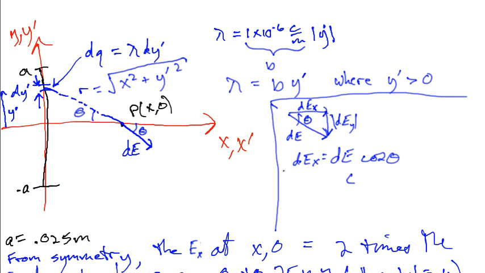But from this triangle over here, cosine of theta is equal to, this distance is x, so it'll be x over r. So dEx is equal to dE times x over r.